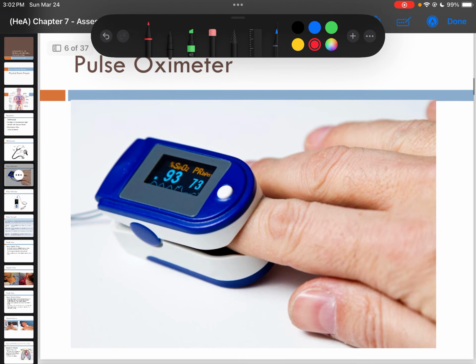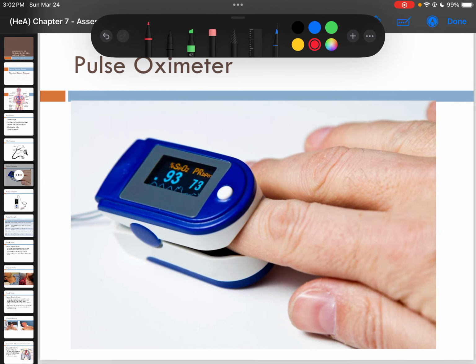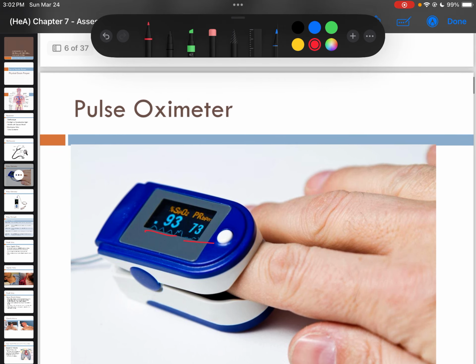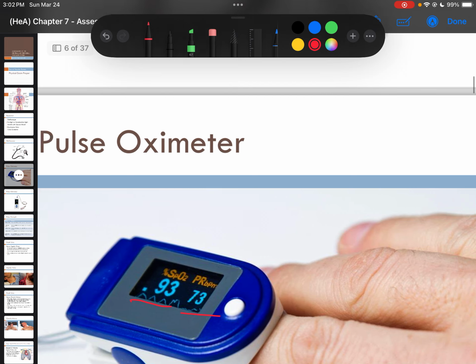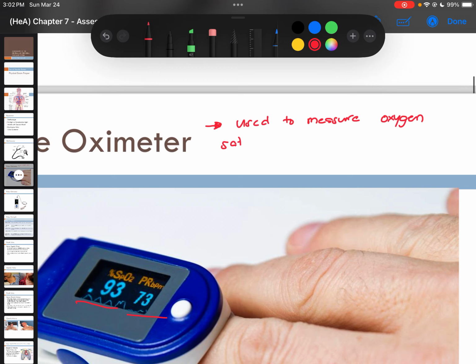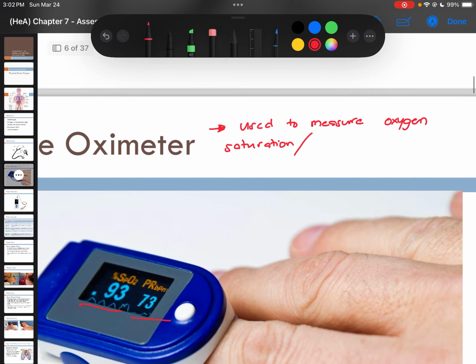This is what we call a pulse oximeter. I want you to notice, class, that there are two numbers when it comes to a pulse oximeter. Before we discuss those two numbers, let us define a pulse oximeter first. A pulse oximeter is a tool that is used to measure oxygen saturation, or what we call our blood oxygen level.